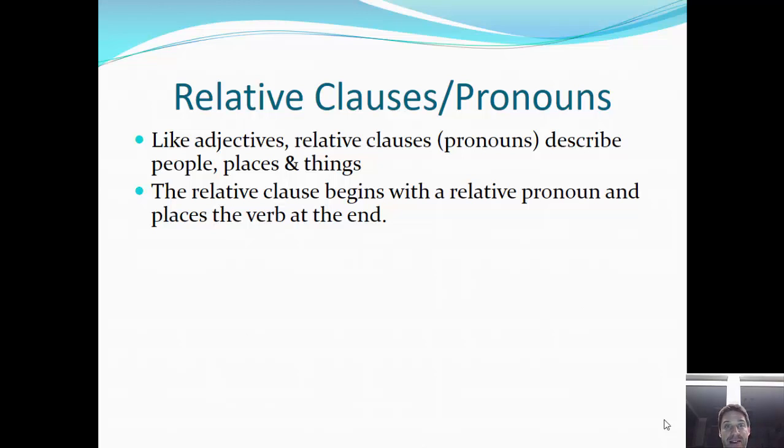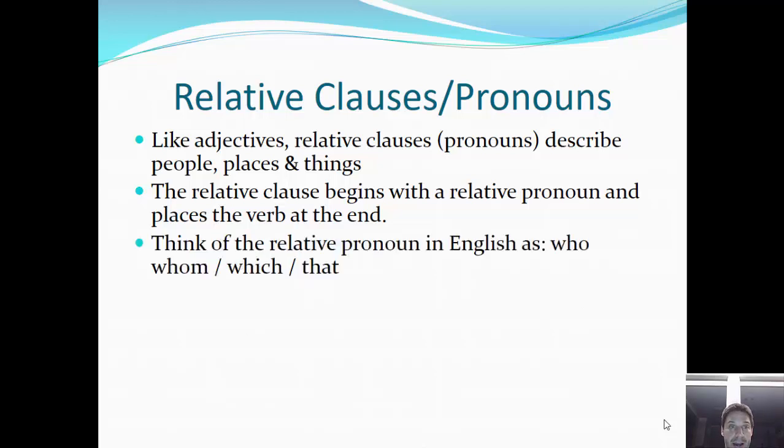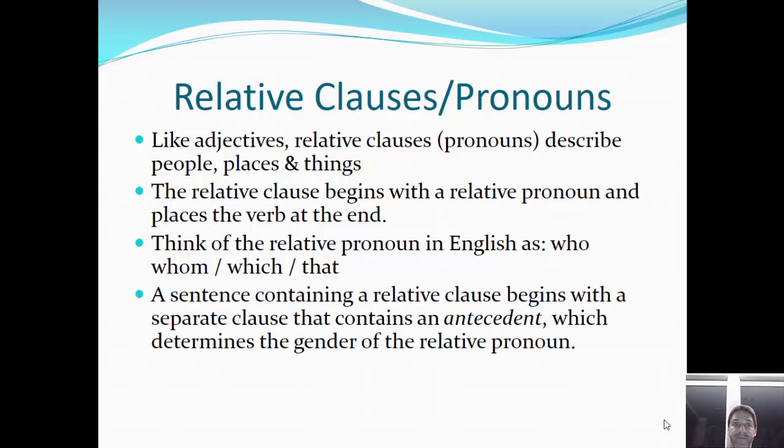So in a way, this acts like a subordinating clause, a Nebensatz, where the verb is placed at the very end. It's similar in English to the words who, whom, which, that. So we'll look at a few examples here.